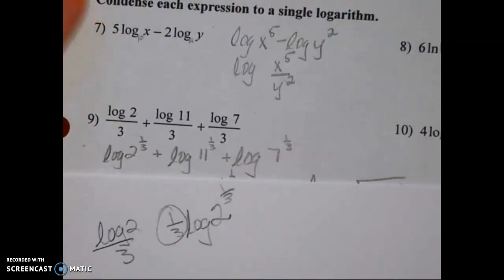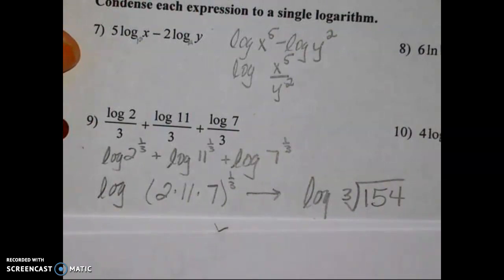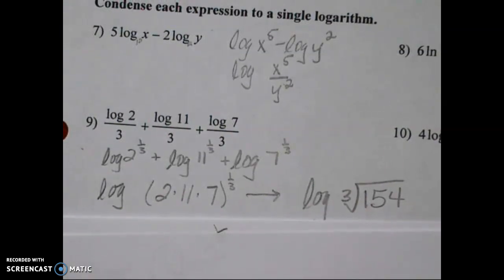So when you rewrite it, it looks like that. Okay, we're going to write the log one time. Anything that is addition is multiplication. And then you want to go back to the radical form.